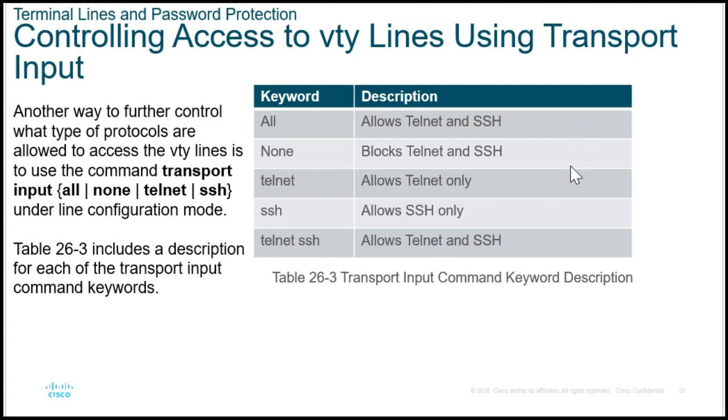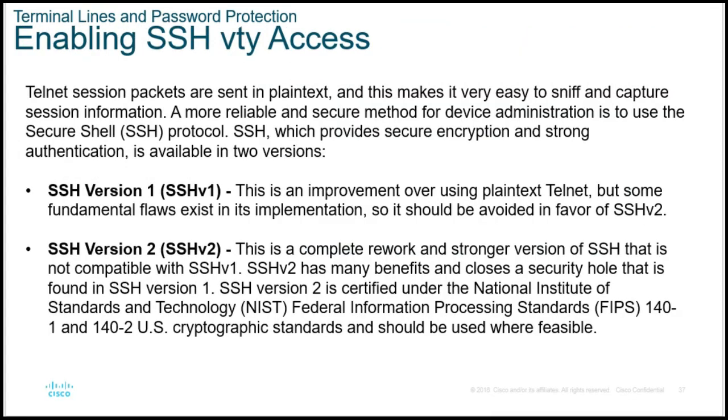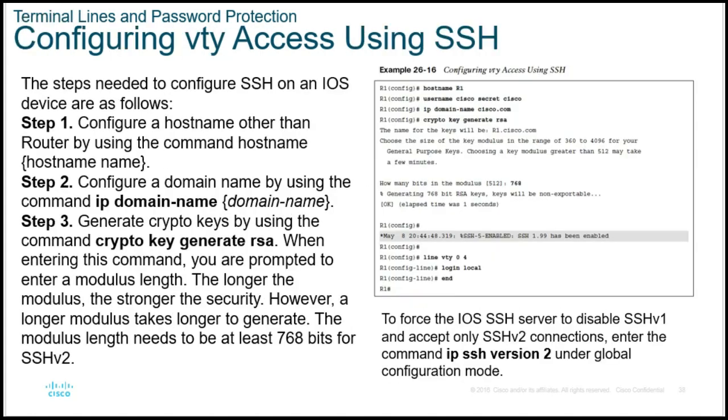So these are the capabilities of the keyword. As you know, SSH currently has two versions, version 1 and version 2. Version 2 is the stronger version of SSH. So this is the configuration for SSH access on line VTY. You need to generate the crypto key.